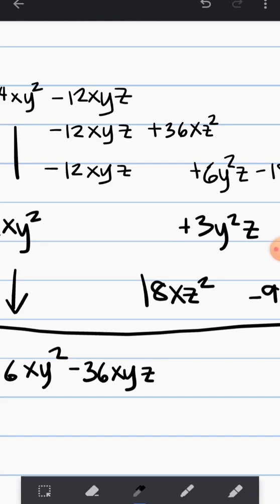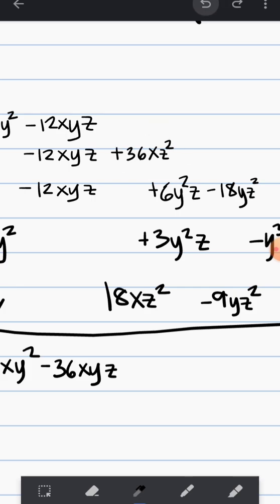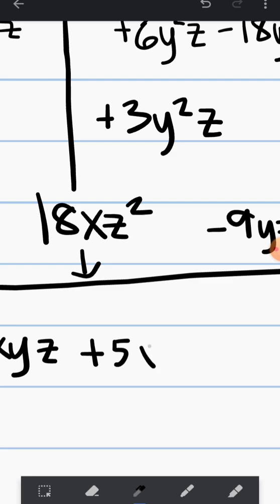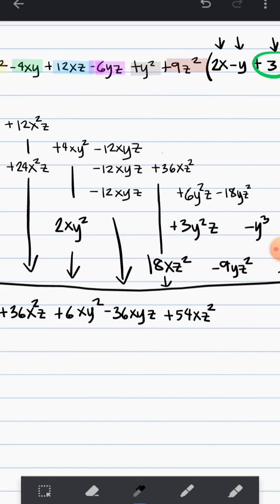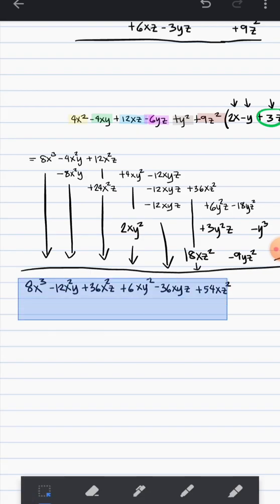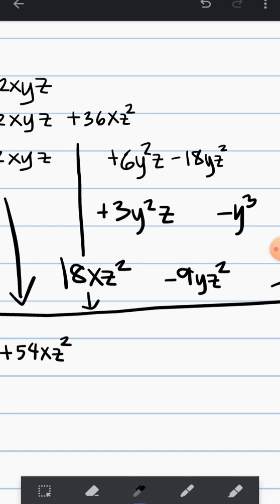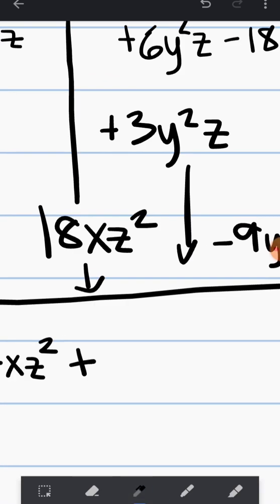And then this 2. 18 and 36 is basically 54, so that's 54xz squared. Let's make it smaller to have more space. So this 2 y squared z makes 9y squared z.